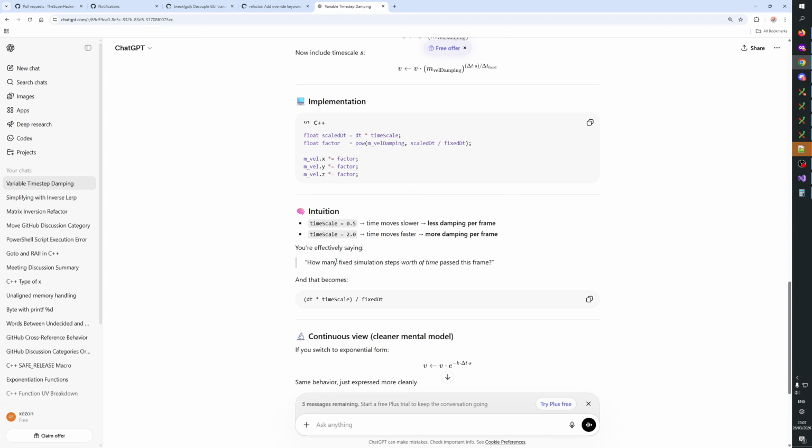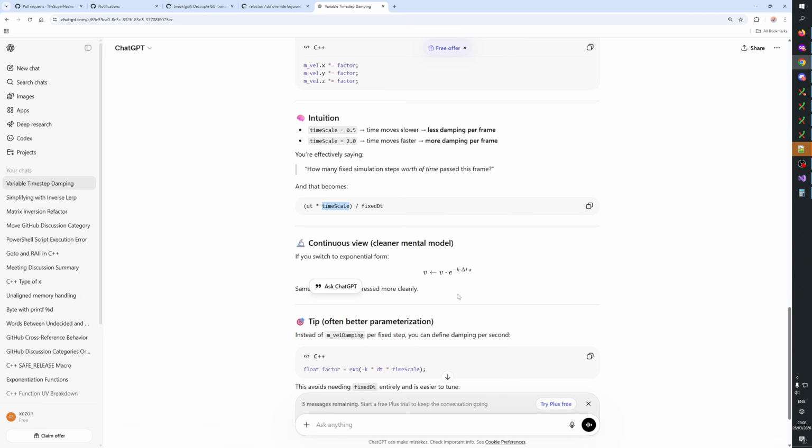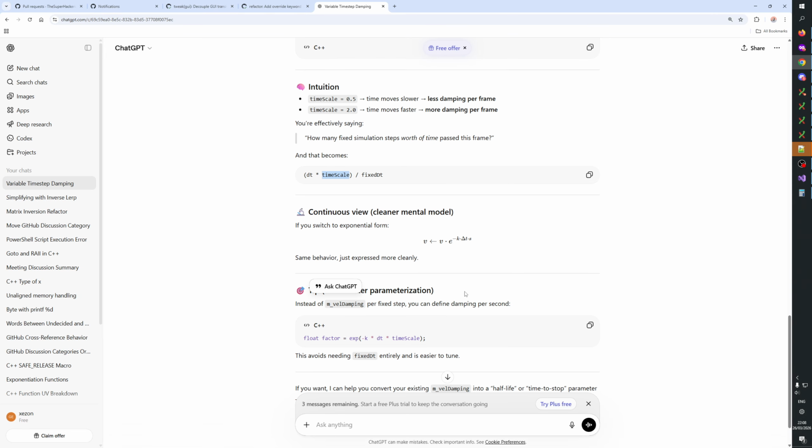How many fixed simulation steps worth of time passed this frame? Delta time times time scale, fixed dt. I don't think we need that, or do we? Damping per second.